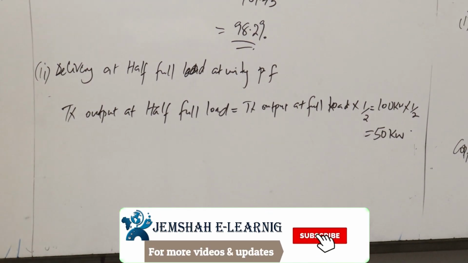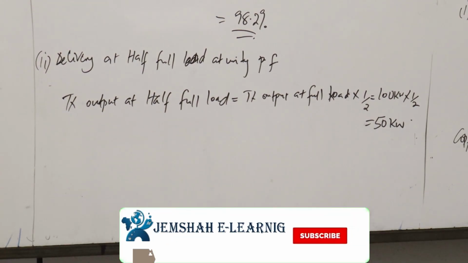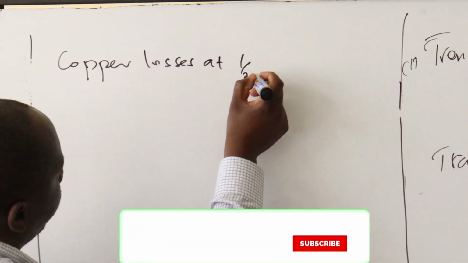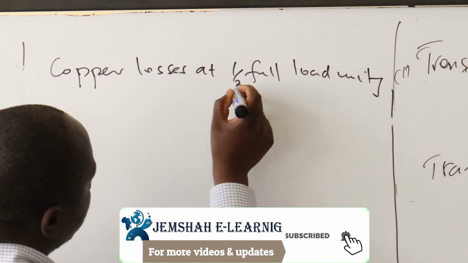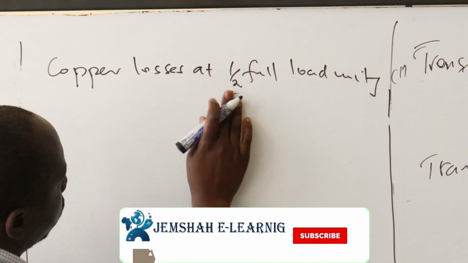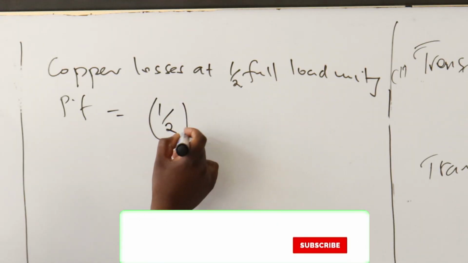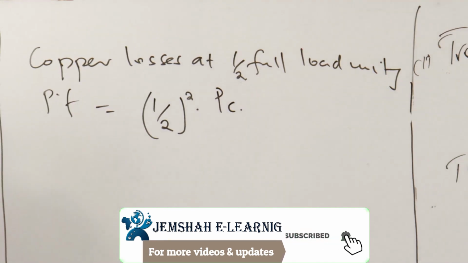We proceed from there. Copper losses at half full load at unity power factor is given by a half squared multiplied by the copper losses at full load.